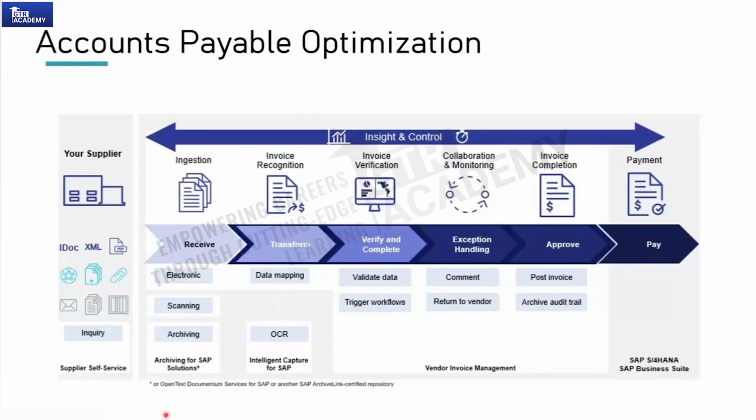One is ingestion, which is how the receiving of the invoice happens. Then invoice recognition, which is the transformation of the invoice into the SAP screens, and verification, which is validation of the data and collaboration. It is called verify and complete, and exception handling. Approval is the invoice approvals, and then posting of the invoices happens.